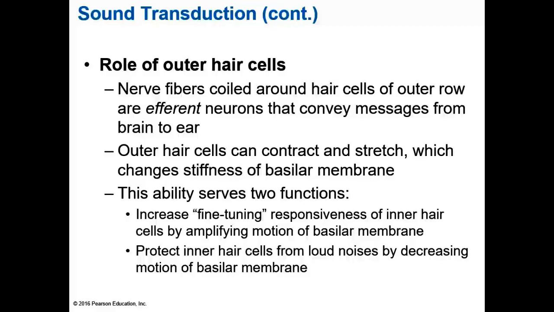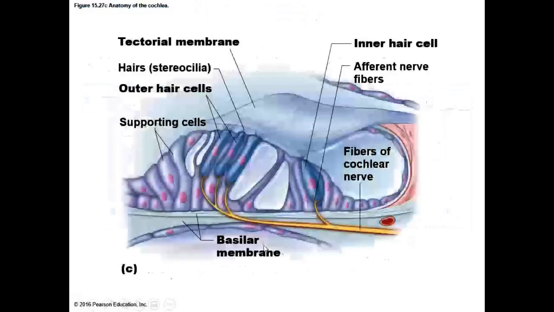Does that make sense? The outer hair cell does help with hearing, but it also helps protect the inner hair cell because it's helping to hold and stabilize the tectorial membrane in place. But the inner hair cell is the more sensitive one, the one that has more to do with hearing. The outer hair cells and these cells on the outside are just called supporting cells, just to hold it in place.